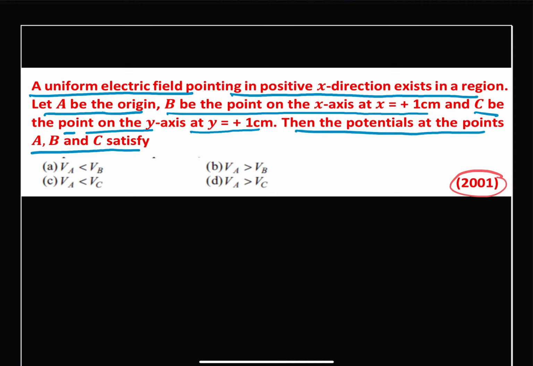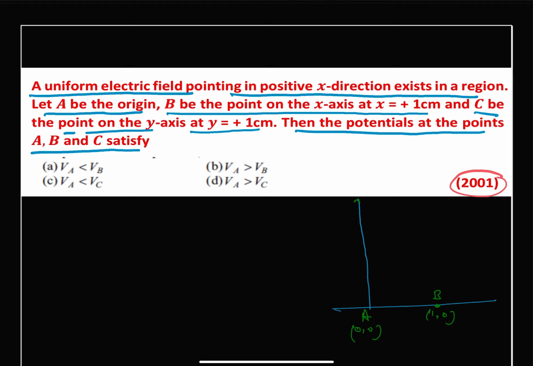So we can draw an approximate figure for that, and we are given 3 points, and it says that point A is at the origin, so its coordinate will be 0, 0. Point B is on x-axis, positive x-axis, so its coordinate will be 1, 0.